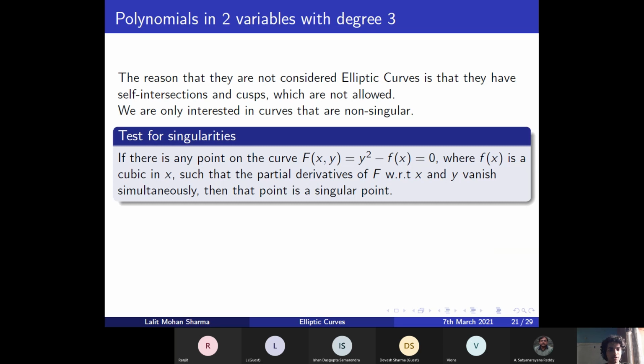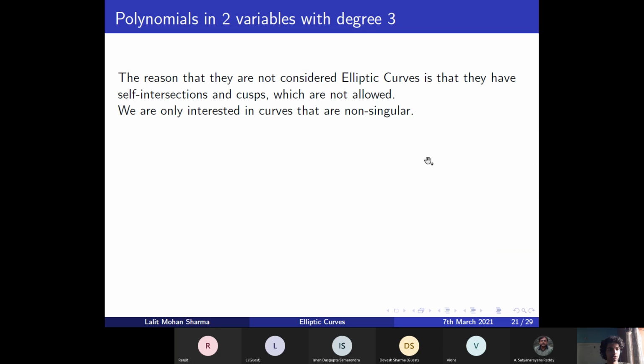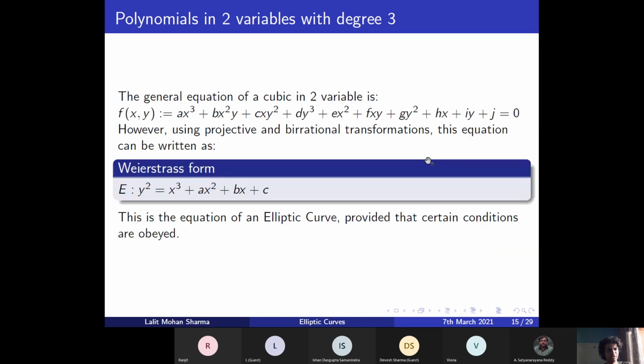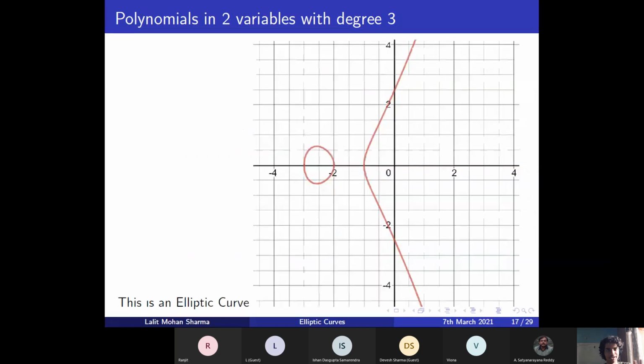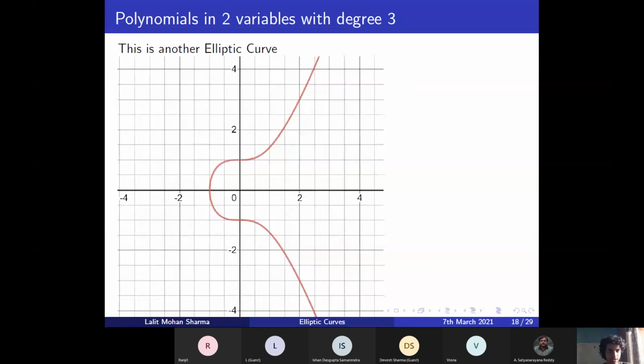So we're not giving the actual definition, but at this point you can just think of an elliptic curve as an equation in this Weierstrass form that is smooth. So that is a partial definition of an elliptic curve.